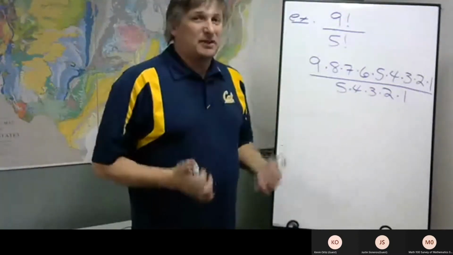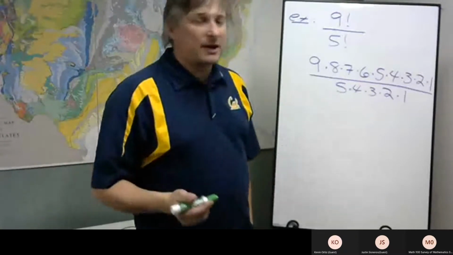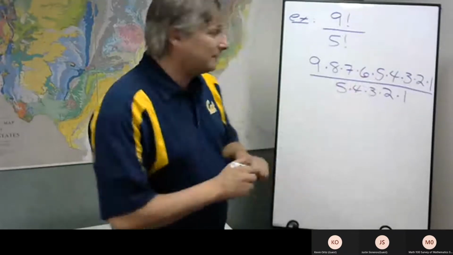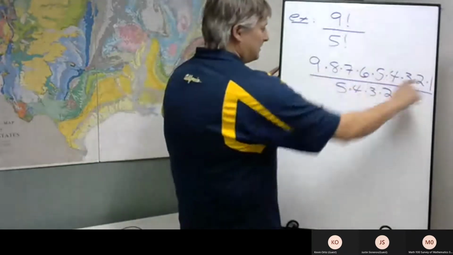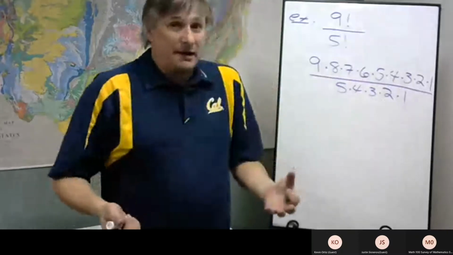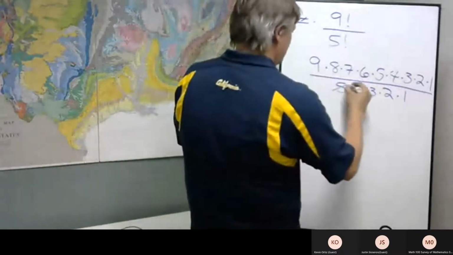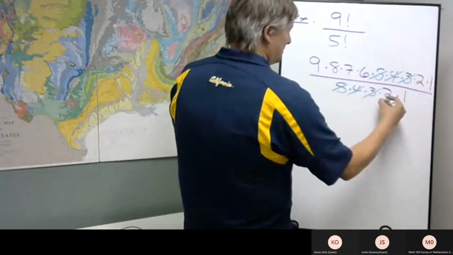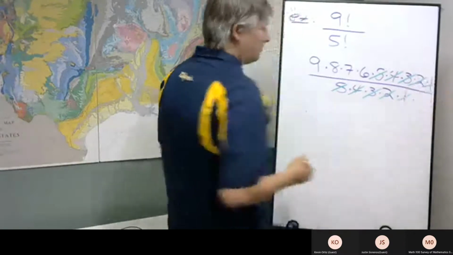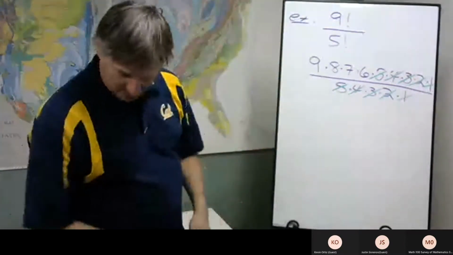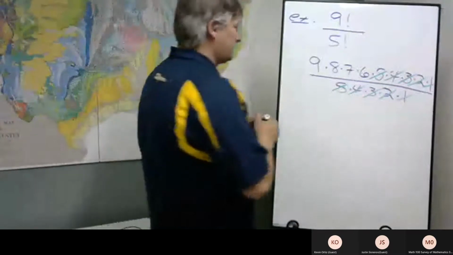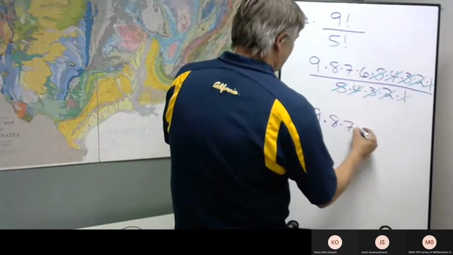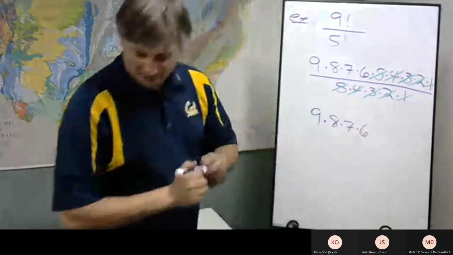Now, what we want to do is save ourselves some trouble. Just like when you reduce fractions, if you see a number repeated in the bottom and top, you can cancel it. Same thing here. We don't have to actually compute this and then compute this and then divide. What we can do is cancel the 5s, the 4s, 3s, 2s, and the 1s. And what that leaves us with is 9 times 8 times 7 times 6.